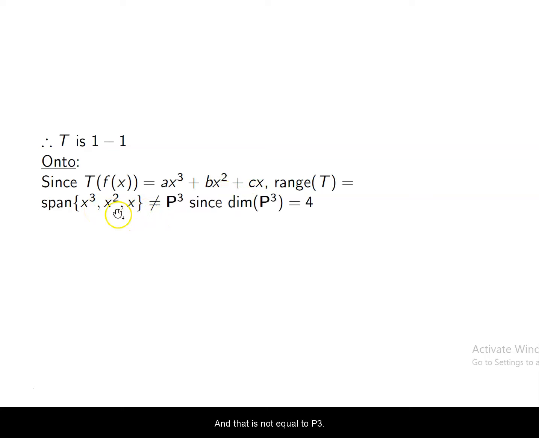Okay, and that is not equal to P3. Now we can use the dimensions, because the dimension of P3 is 4, and the span that I have for the range is a dimension of 3. And since the dimensions are not equal, there's no way for everything here to cover a dimension of 4. This is a bigger space than this is, so there's no way for this to cover that, right?